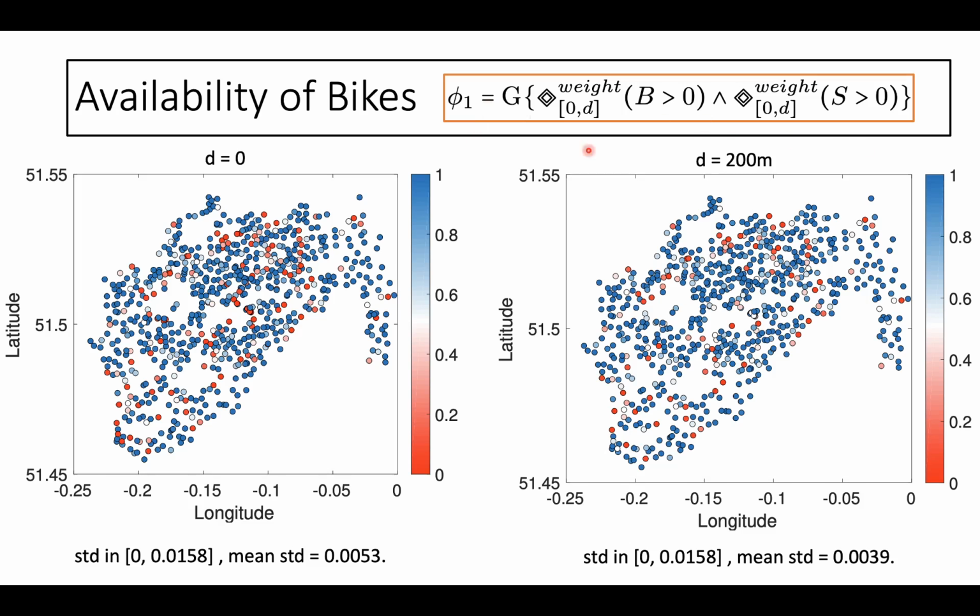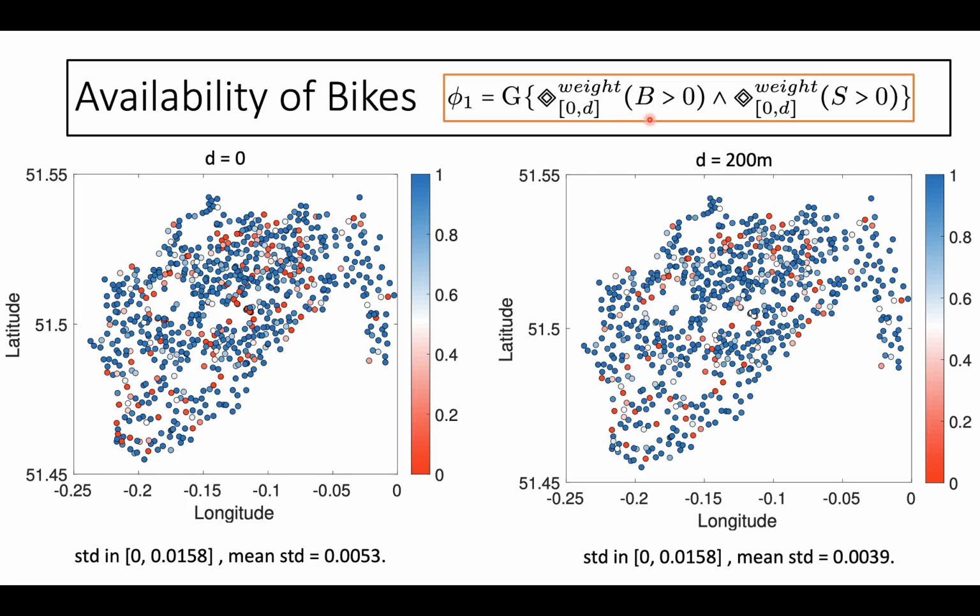The first one means that somewhere at a distance between 0 and D, the number of bikes is greater than 0. With weight, we have the distance function that we saw at the beginning, which just computes the sum of the values of the weights.